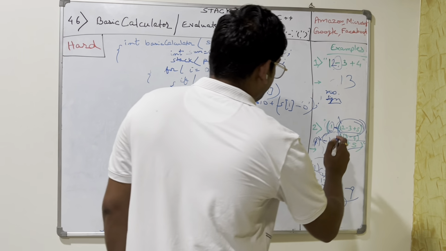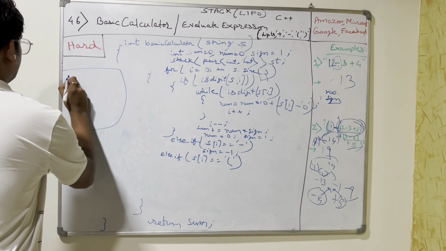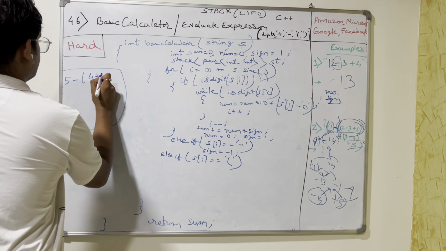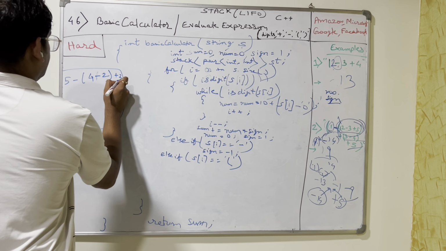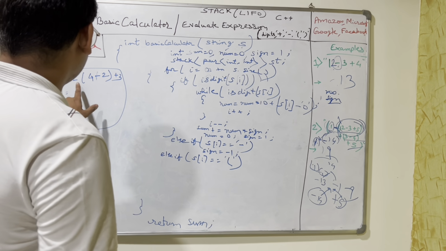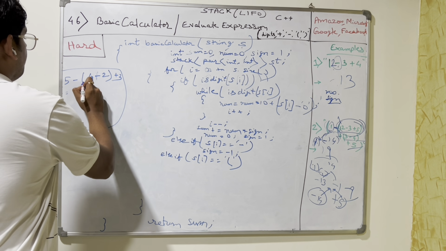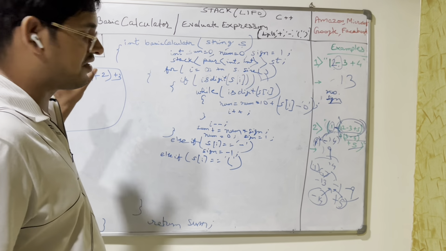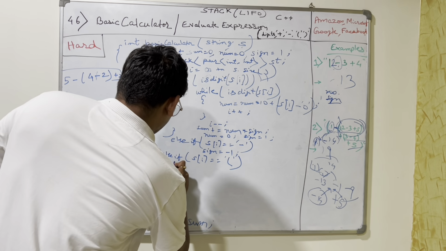When we have a bracket here, take this example: 5 - (4 + 5 - (4 - 2) + 3). If this is the expression, we got the value 5, then it's a negative value, sign becomes -1. Now we have this 4 plus 2 that needs to be evaluated, but we already have some expression existing over here.